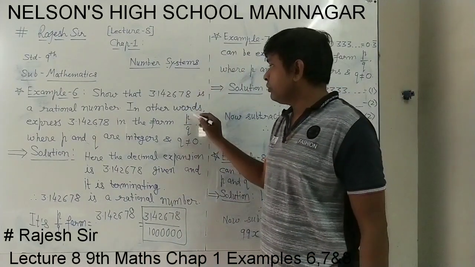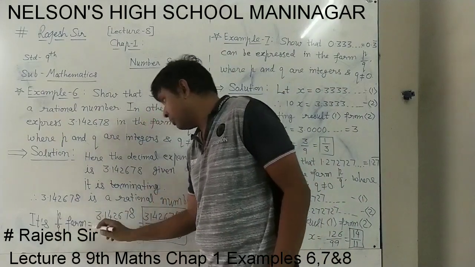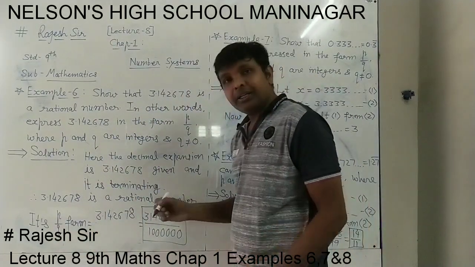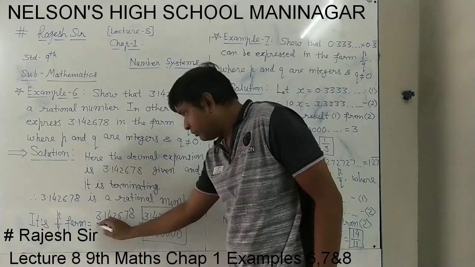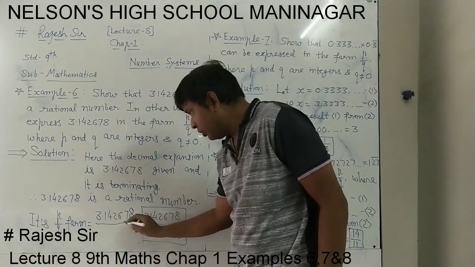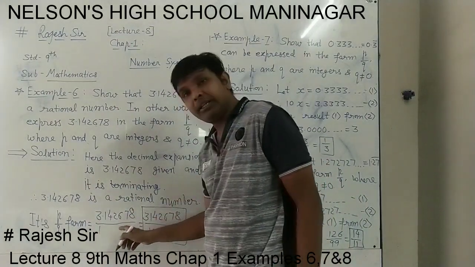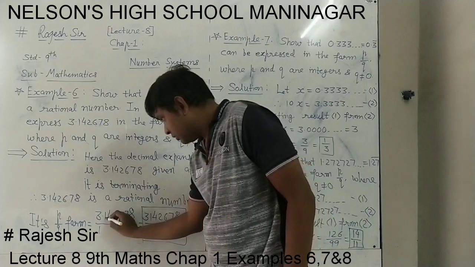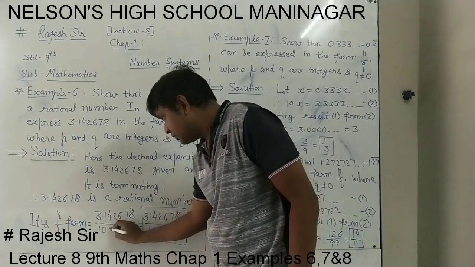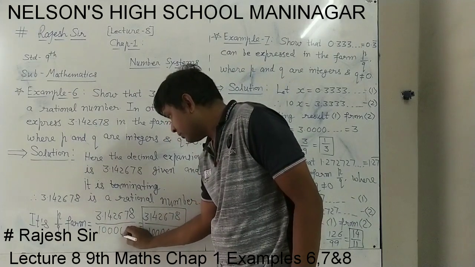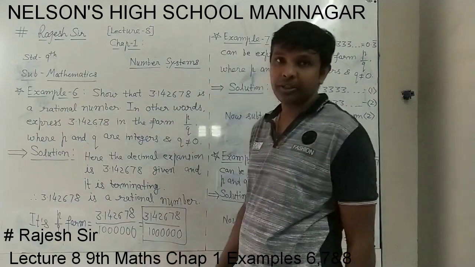Now if you want to express it in P upon Q form, what you have to do is this, as in earlier classes also. To remove the point, we put upon 1, and as many digits as there are after the point, that many zeros we put. 1, 2, 3, 4, 5, 6 digits after the point, so 6 zeros we will put here.